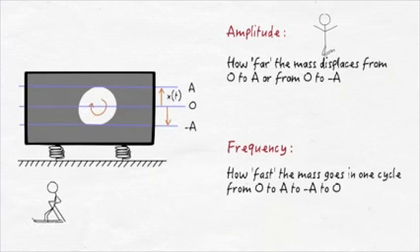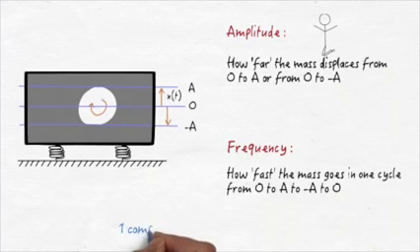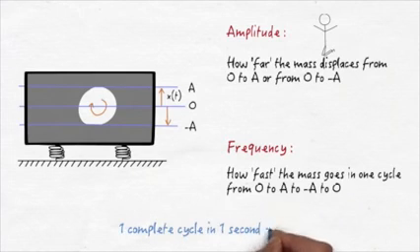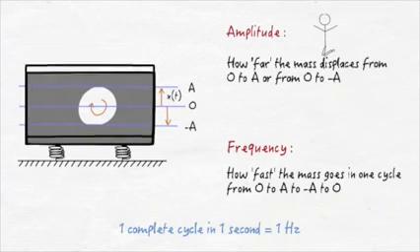The more cycles the machine has in 1 second, the faster the motion of the machine. One complete cycle in 1 second is defined as 1 Hz.